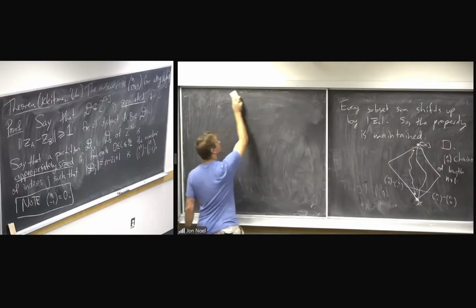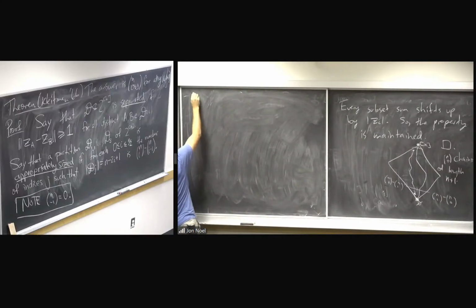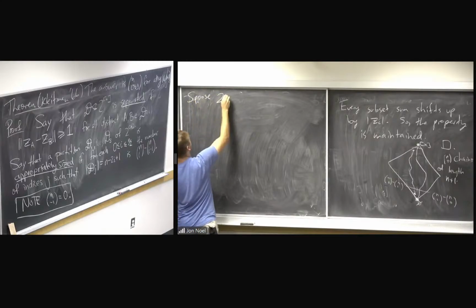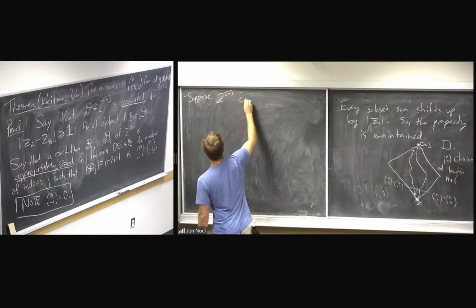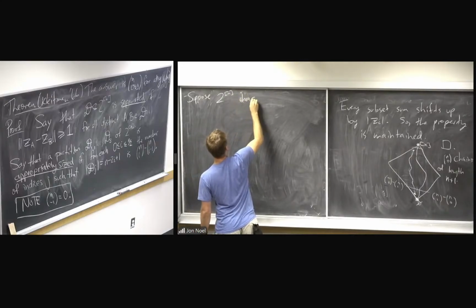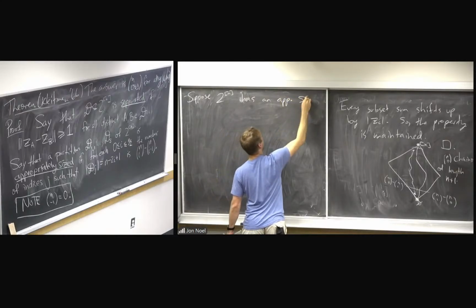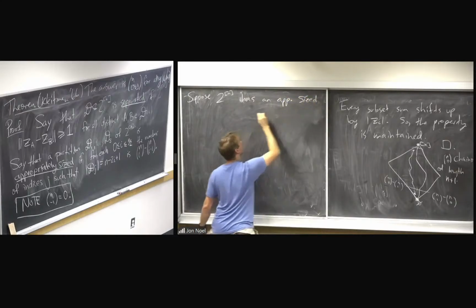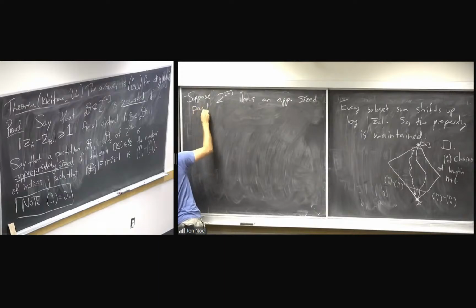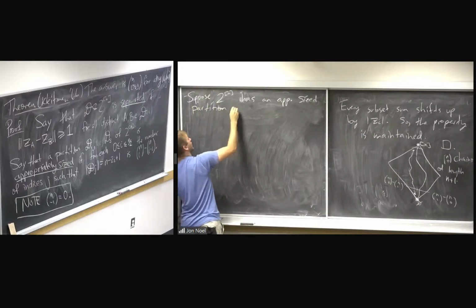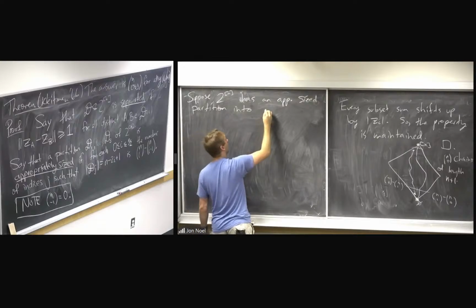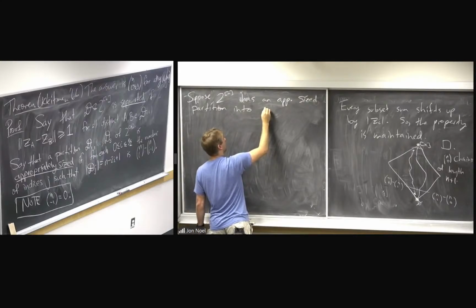Suppose 2 to the n has an appropriately sized partition into separated families.